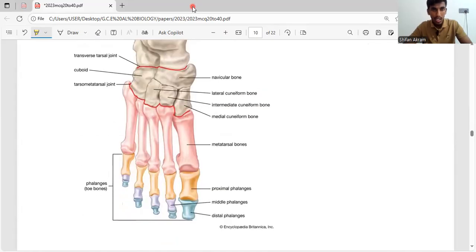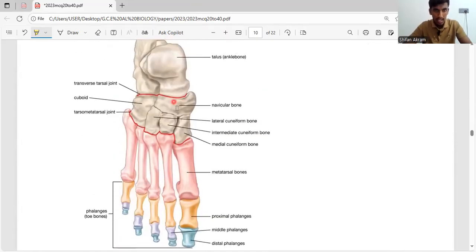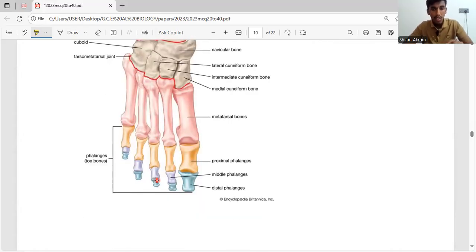Now let's count all the other bones that are present in the foot and toes. Here we have 7 tarsal bones, 1, 2, 3, 4, 5, 6, 7. Then 5 metatarsal bones. You can see this beautiful pink color, 1, 2, 3, 4, 5 metatarsal bones, and we have 14 phalanges, right? 1, 2, 3, 4, 5, 6, 7, 8, 9, 10, 11, 12, 13, 14.